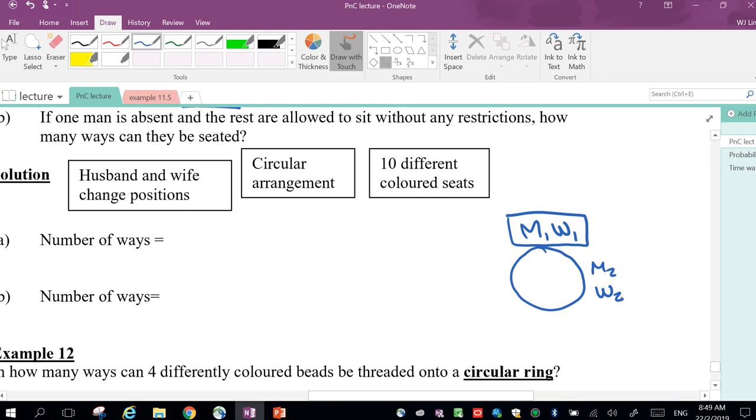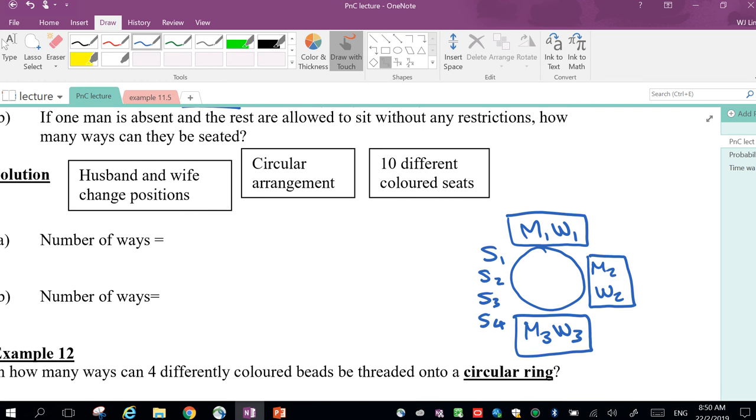M2 W2, this is the second couple. M3 W3. I'm going to group them because they need to sit together. Then the single men, I put S1, S2, S3, S4. So 3 married couples, 4 single men.